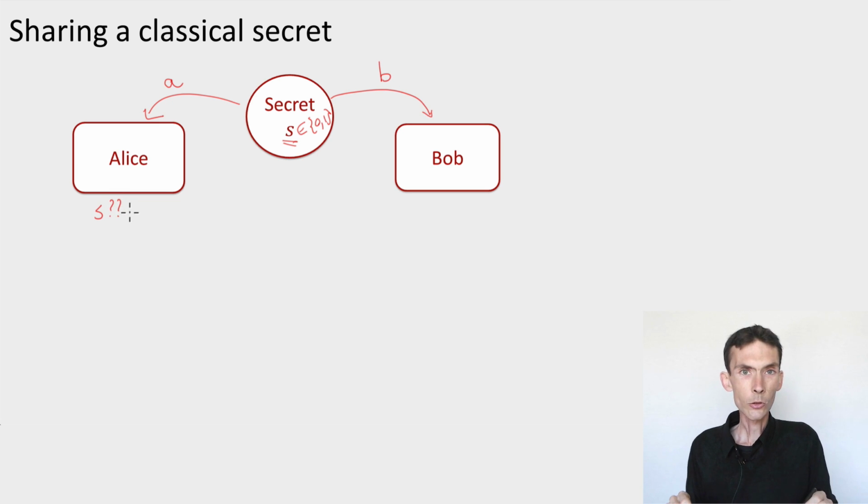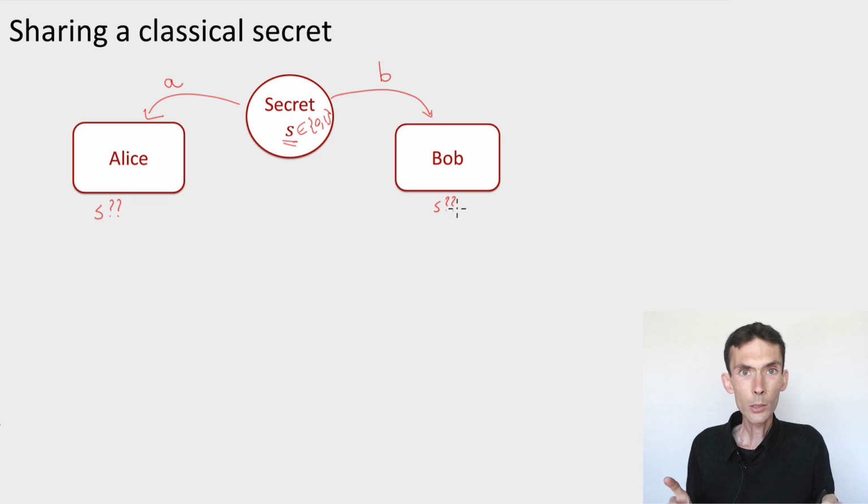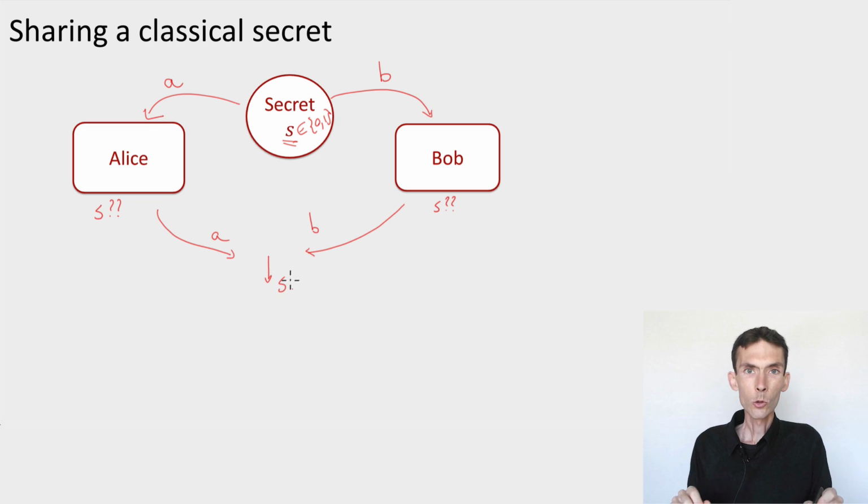So Alice doesn't know S, even though she has A. Bob doesn't know S either, even though he has B. But if Alice and Bob come together and exchange their shares, A and B, then they're able to recover the secret S. So in this way, we've distributed the secret in between Alice and Bob. Each of them has a share, which doesn't reveal any information about the secret, but if you put the shares together, then you recover the secret. So that's why it's called secret sharing.